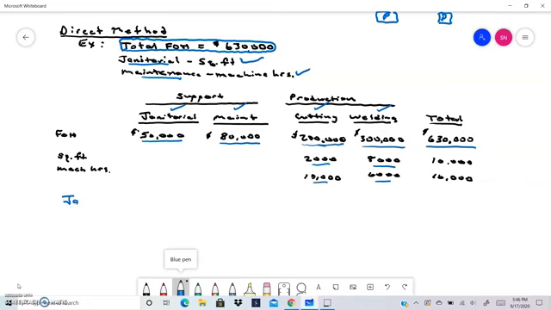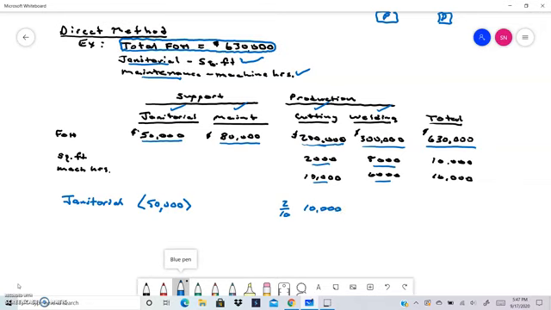So again, what we're going to do is just allocate janitorial services. Why don't we start with that first? And again, that's going to be based on square footage. So what we're going to do is allocate that $50,000 on the basis of square feet. And so if we look up above, we've got 2,000 out of 10,000. So we want to take 2/10 of 50,000, and that's going to be 10,000.